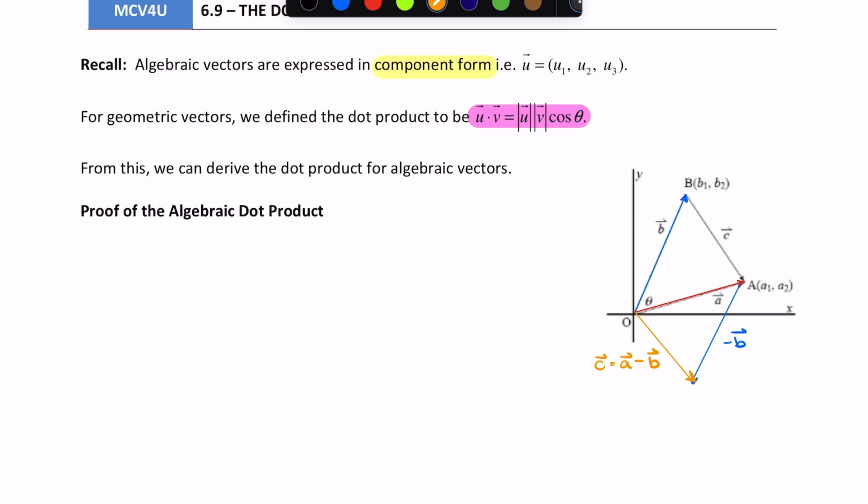So when we look at that, if we use the formula that we have, we can see that the magnitude of vector c squared is equal to vector a squared plus vector b squared minus 2 times the magnitude of a times the magnitude of b times cos theta.